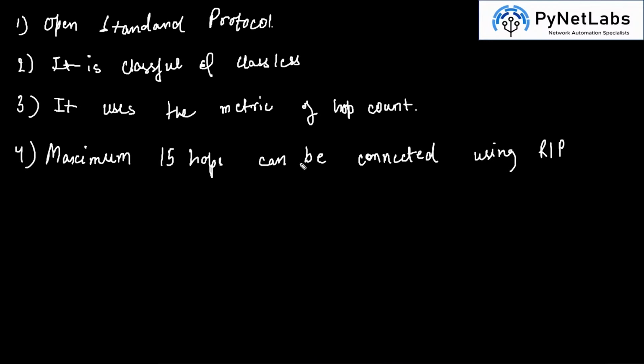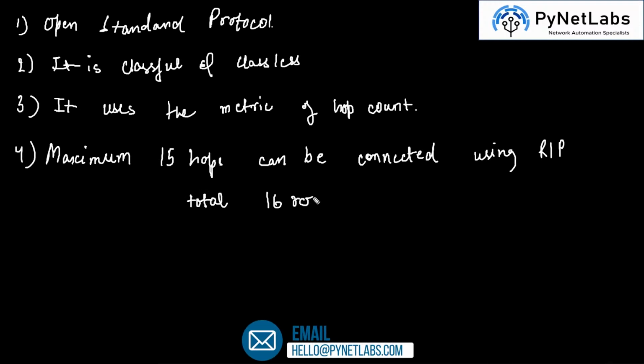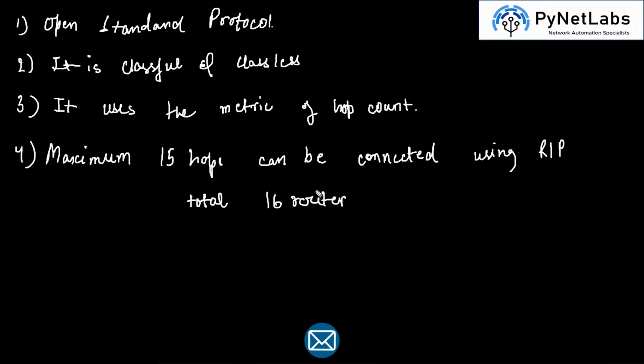So 15 hops means a total of 16 routers, right? And we have something in chat. Yes, as I told you before, this is also known as distance vector. Now this will make more sense to you why it is known as distance vector. It chooses the route where the distance from the source router to the destination router is less.